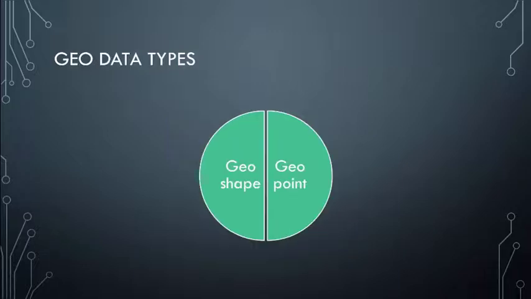Geodata types are a very useful feature of Elasticsearch because they allow you to store a geographical point, such as an address, in Elasticsearch and then search by it.